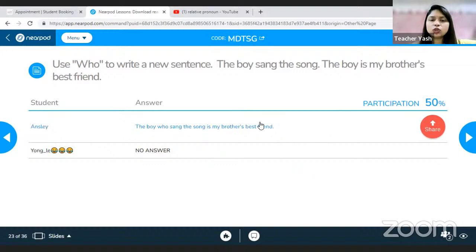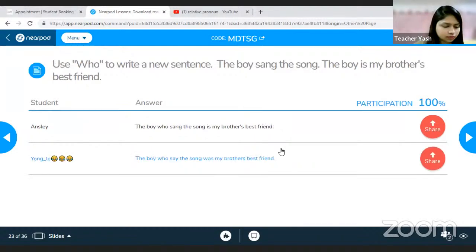Okay, and since you have done, you can make one new sentence with the relative pronoun who. Understand, Ansley? Yongla, where is that apostrophe S?